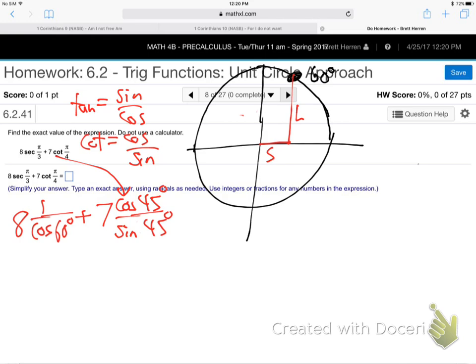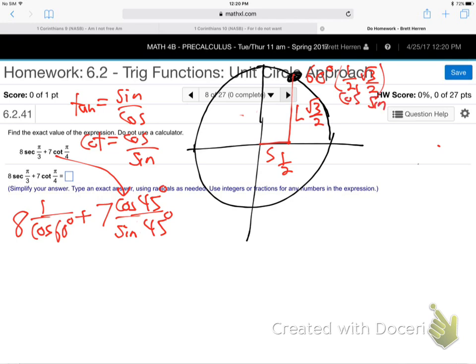So over a small amount, up a large amount to get to that 60-degree angle. And so that's over a half, up root 3 over 2. Remember, small, medium, large, root 1, root 2, root 3, over 2. So that means that point is over a half, up root 3 over 2.